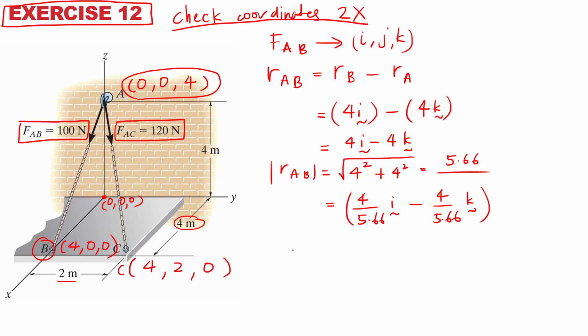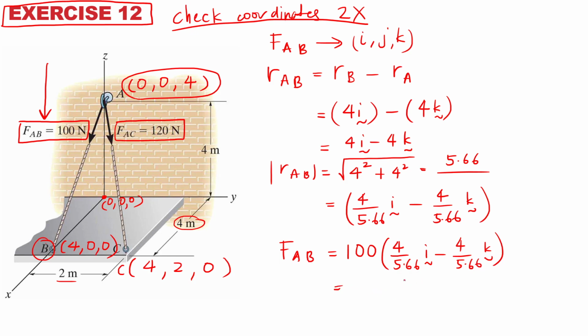So in order to represent FAB, it is going to be equivalent to this one. Look at the magnitude for FAB, 100. Put 100 outside, then 4 over 5.66 i minus 4 over 5.66 k.